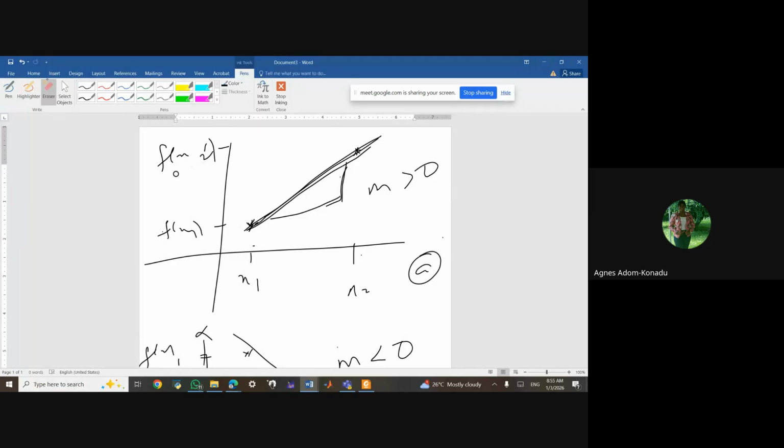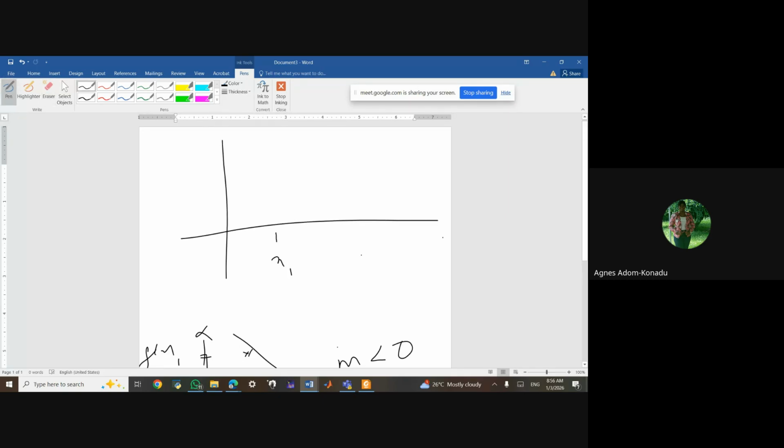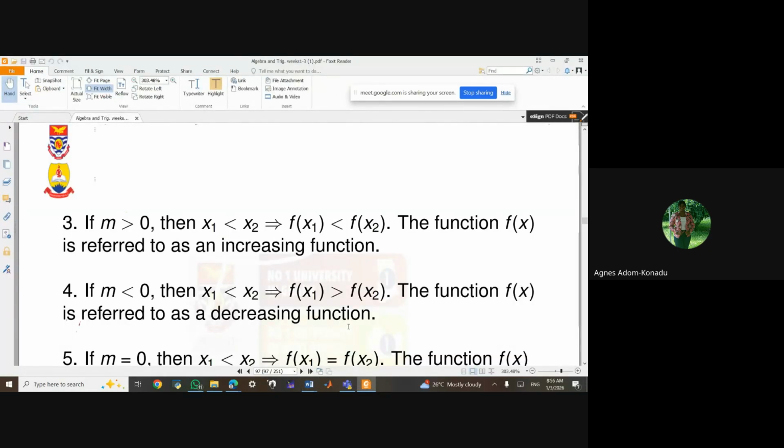And then the last one, I have x1 less than x2, but f of x1 is equal to f of x2, so they are the same. This is a constant function, and my gradient will be 0.